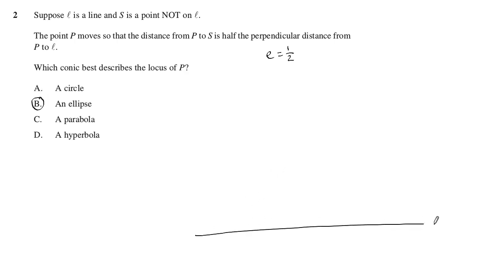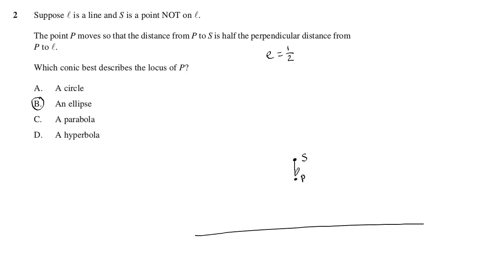So we've got this line, we've got a point S. So let's think of some possible values of P that have distance from P to S half the perpendicular distance from P to L. So we could, for example, have a point there.